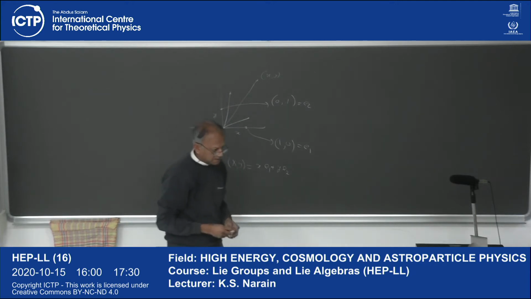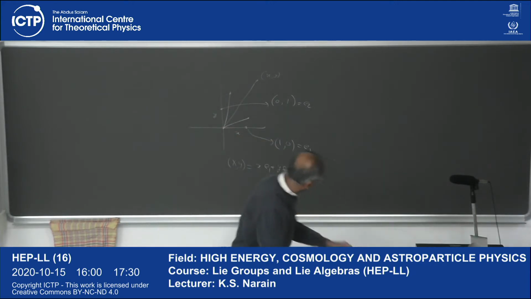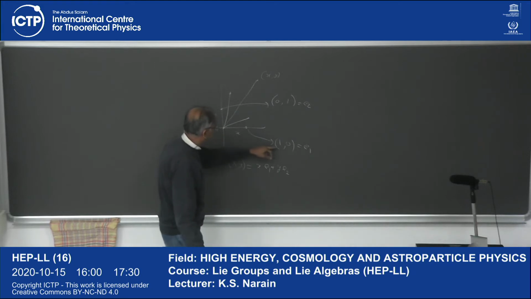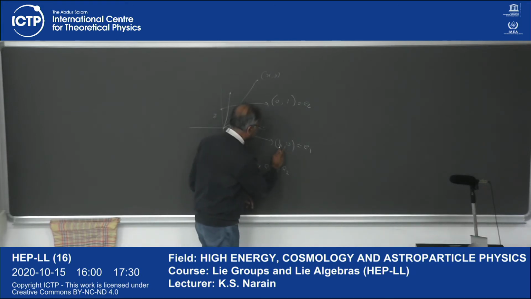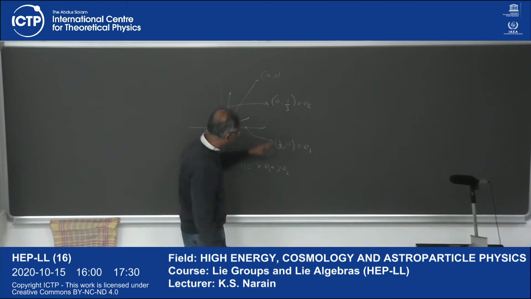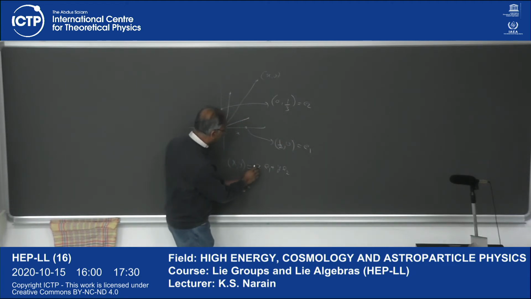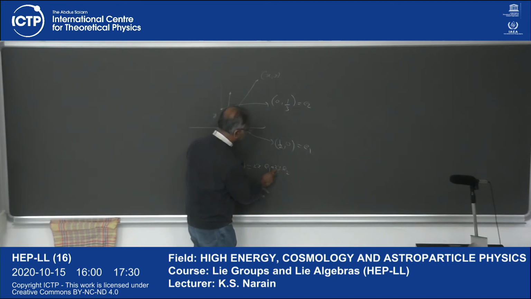So I could choose fractions: instead of 1, 0, I could have chosen half, 0, and this could be 1/3. In that case, to express x, y it will become 2x times E1 and 3y times E2.